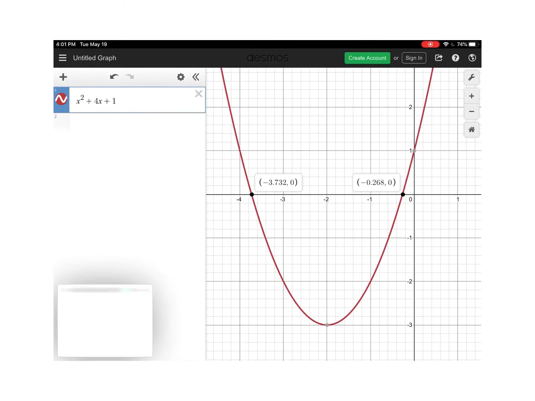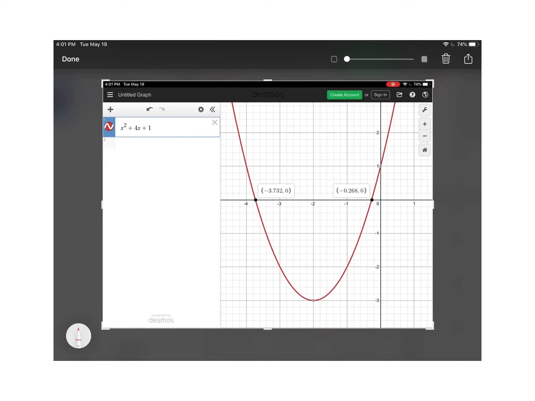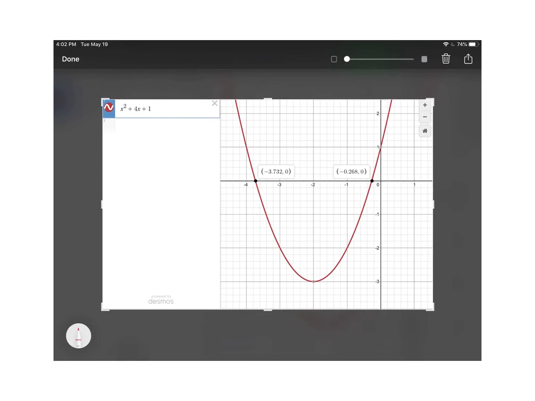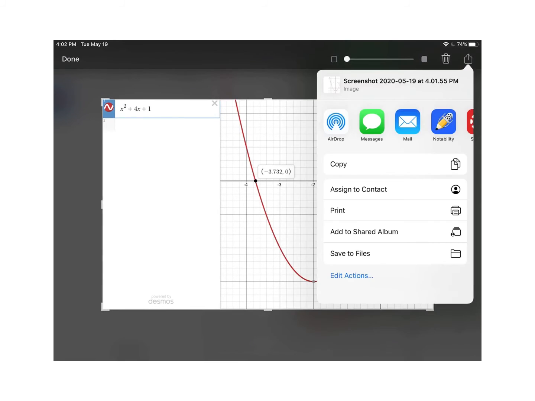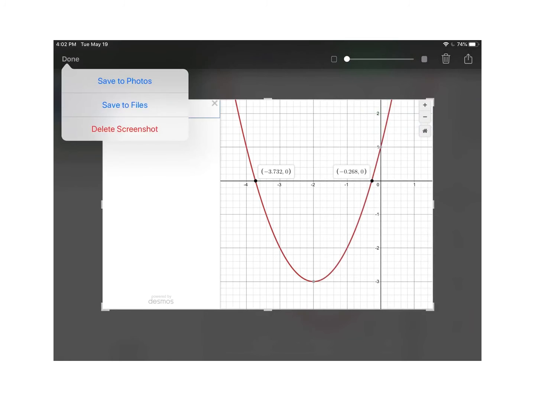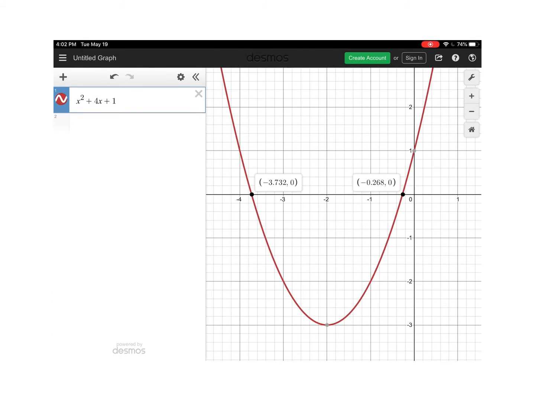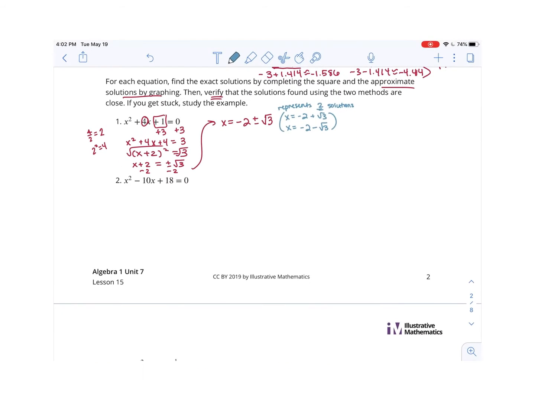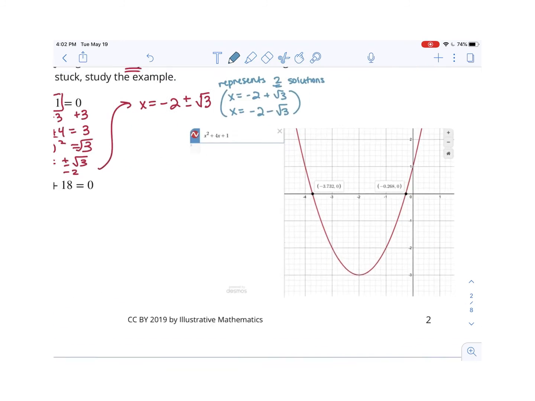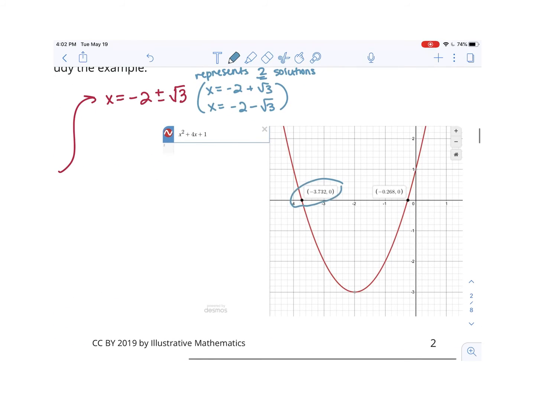I'm just going to take a screenshot and add this to our notes. Okay, and so when we do this, we can see here that here's our approximate solutions, and then here was our exact solution.